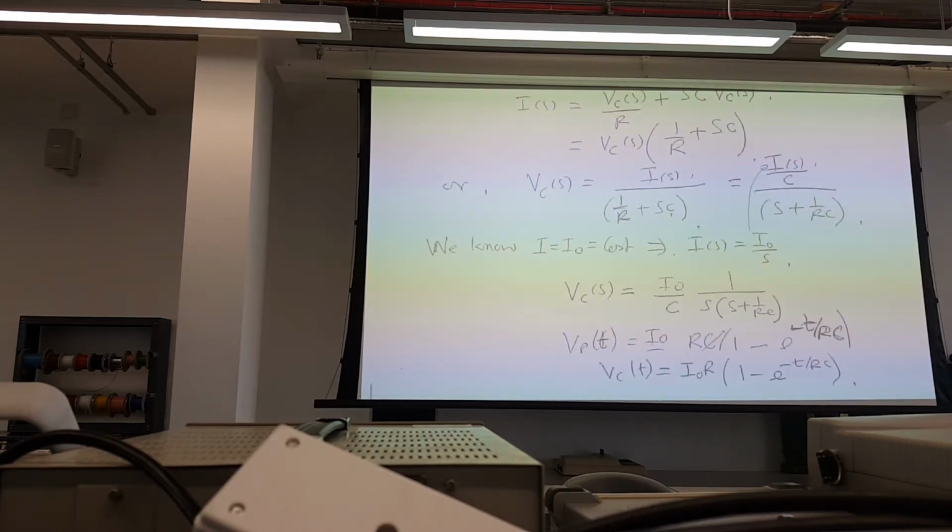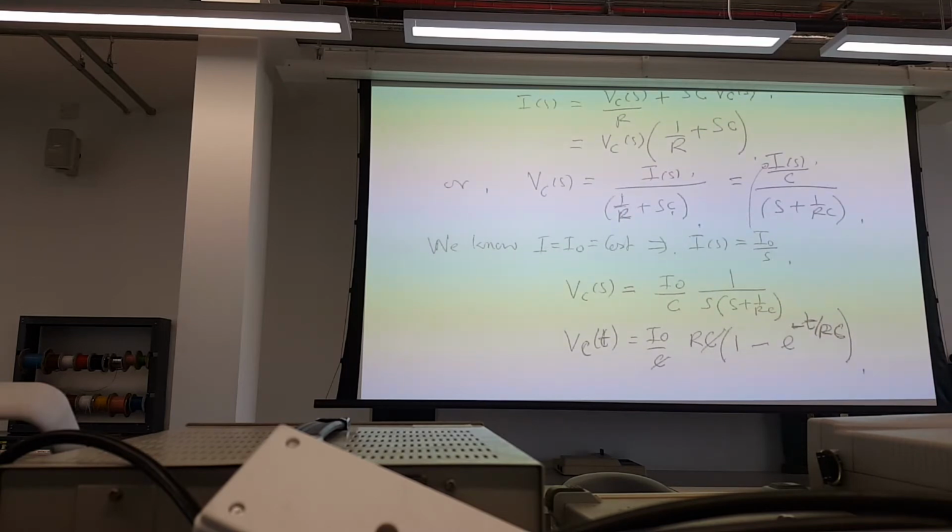I want to see the solution. You should be able to do it on an A4 sheet. I've done quite big equations here, quite big symbols, but I'm guessing that when you do it in your homework, it won't be as bad as that. So, this is the question I want you to do.